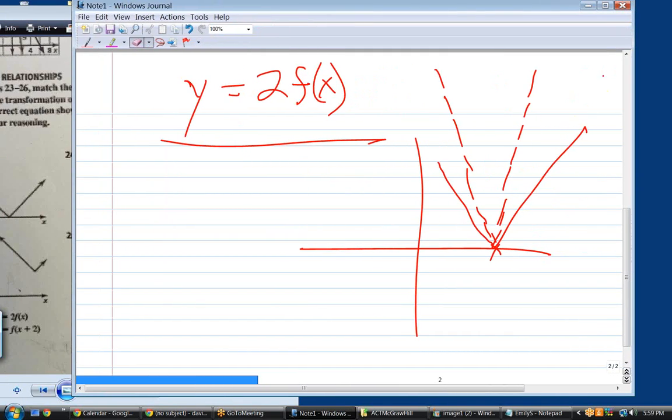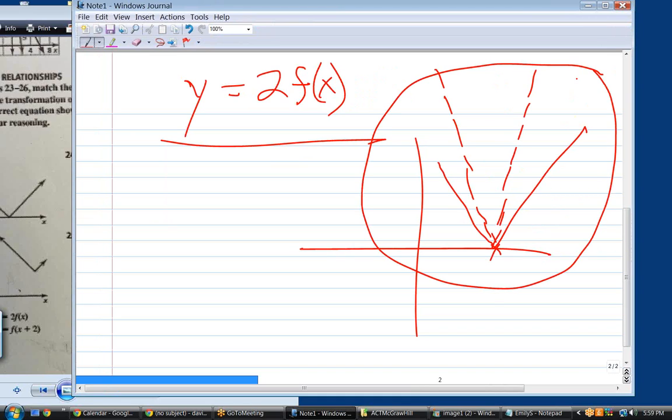This is what a vertical stretch would do to that absolute value equation. Okay? What a horizontal shrink would do would change the shape similarly, but it would change the vertex also.